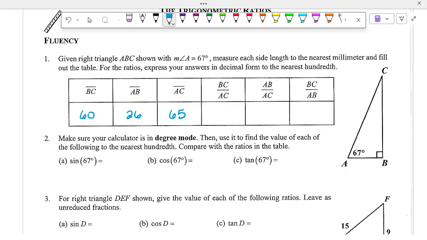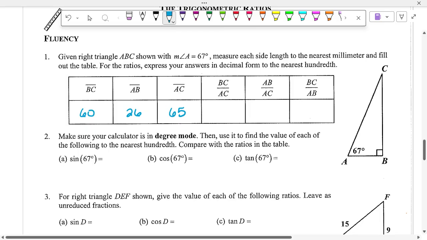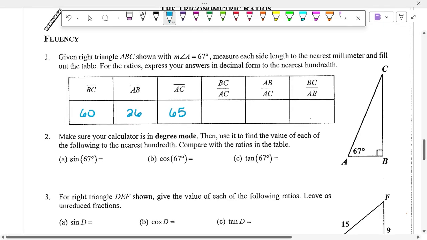So I really only care if you can actually get the ratios correct. So again, use your trig table, especially for number 2, and then double check yourself in your calculator. But I need you to be able to use a trig table. So make sure you understand how to use the trig table.